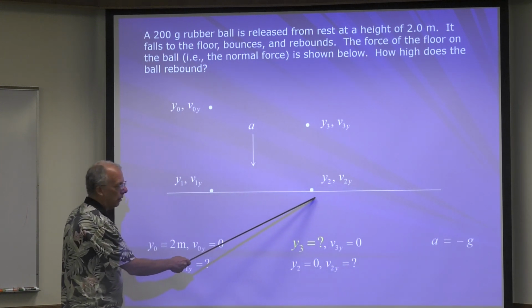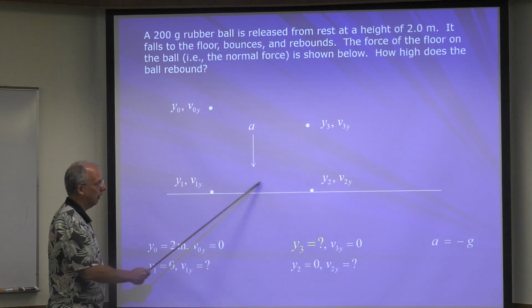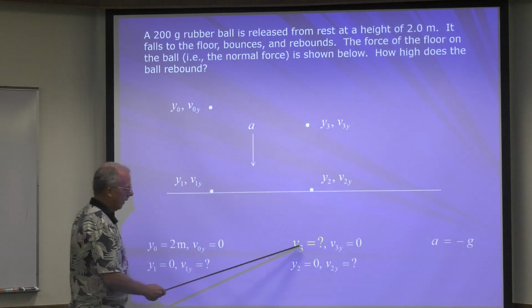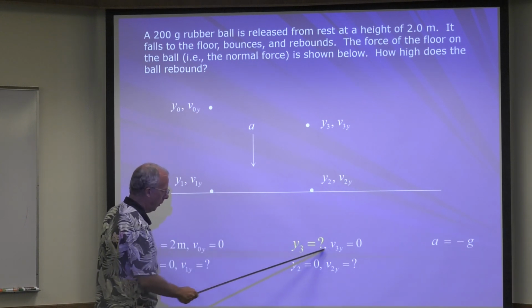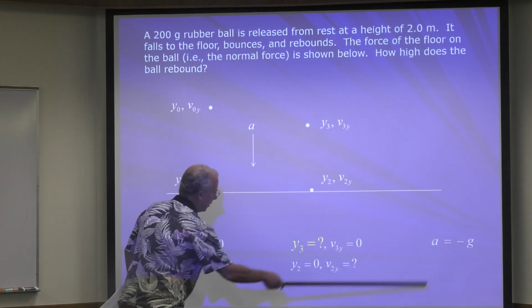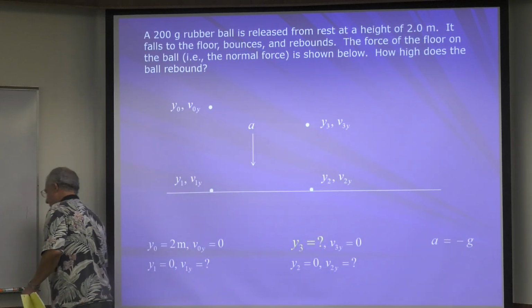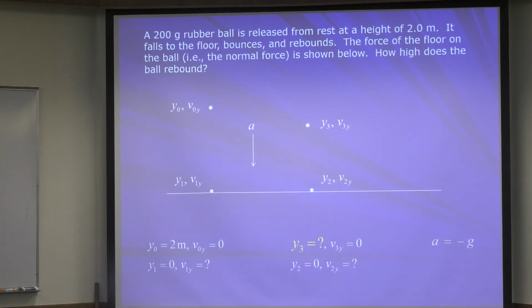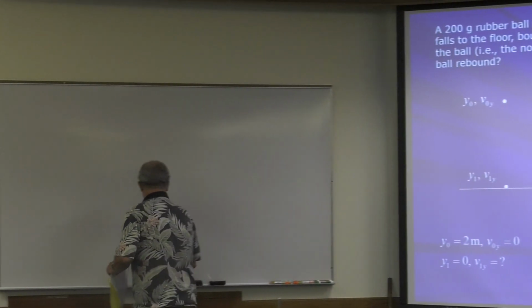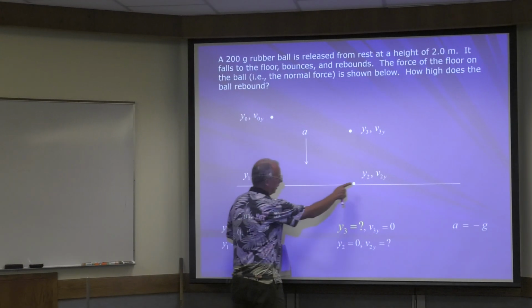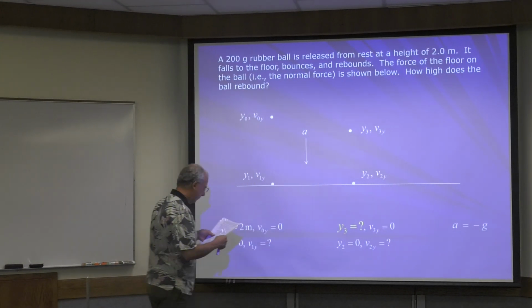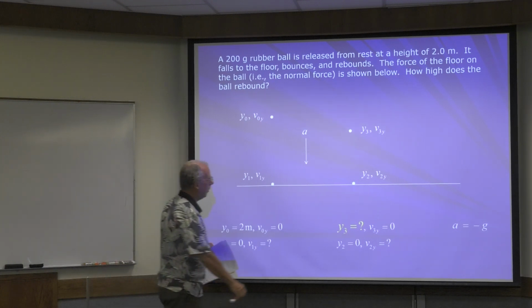This is after the collision, so we're going to have to use impulse momentum here. And then v3y is where it stops, and y3 is what we want. And a equals minus g. All right, velocity right before the collision, velocity right after the collision. Okay, so this is what we want.